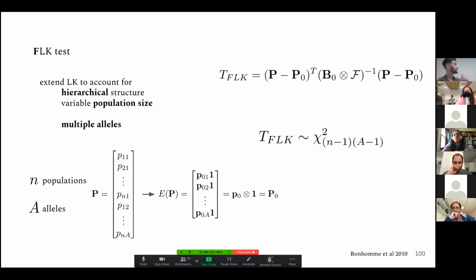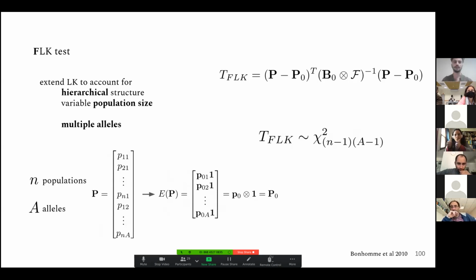So if you perform the FLK test with real multiple alleles, you get an approximately chi-square distribution with n-1 times a-1 degrees of freedom. These approximations have their origin in the assumption of a normal distribution for the fluxes.